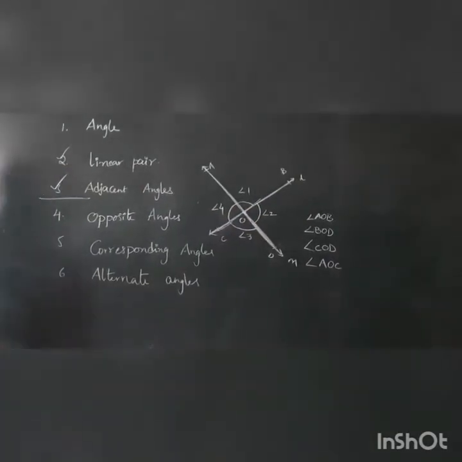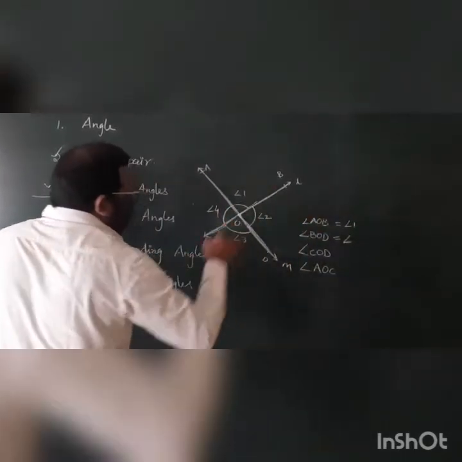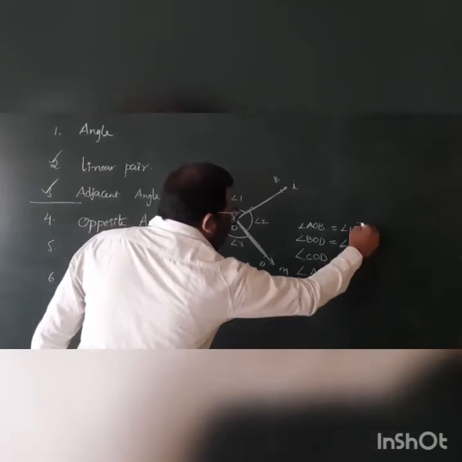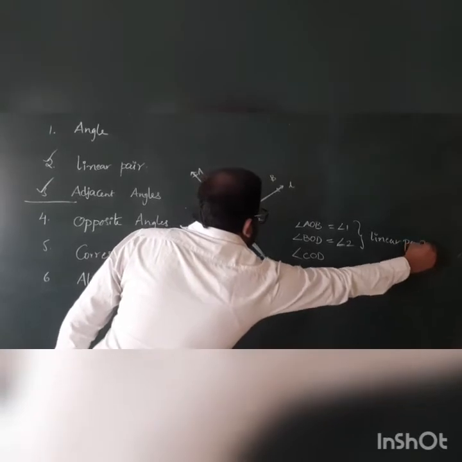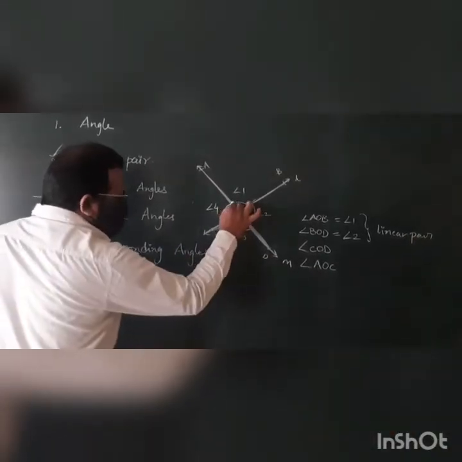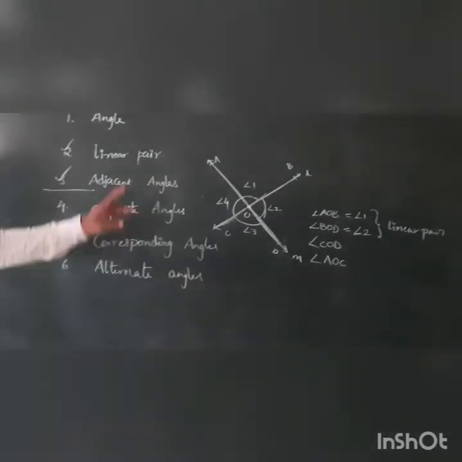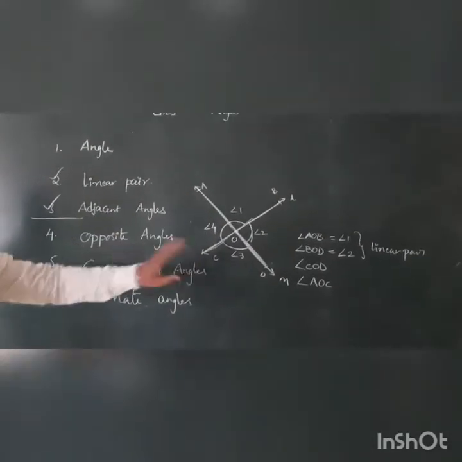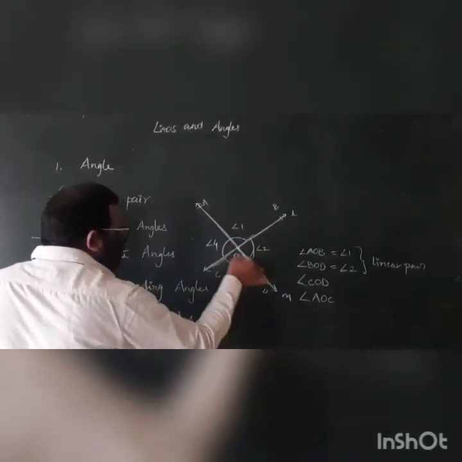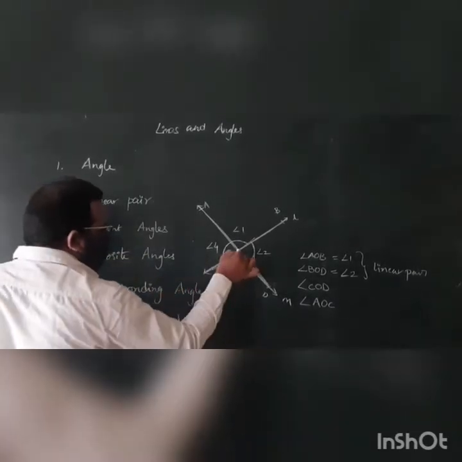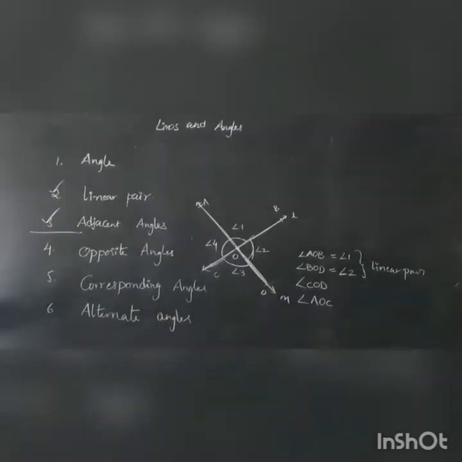Now if we clearly observe, angle AOB and angle BOD form a linear pair, because when we add angle 1 and angle 2, we get a result of 180 degrees. So angle AOB and angle BOD are a linear pair. In the same way you can take BOD and DOC as a linear pair, COA and AOB as a linear pair. So you can get 4 linear pairs from that.